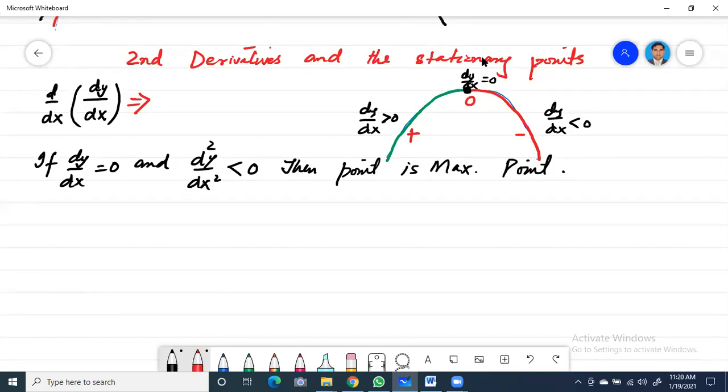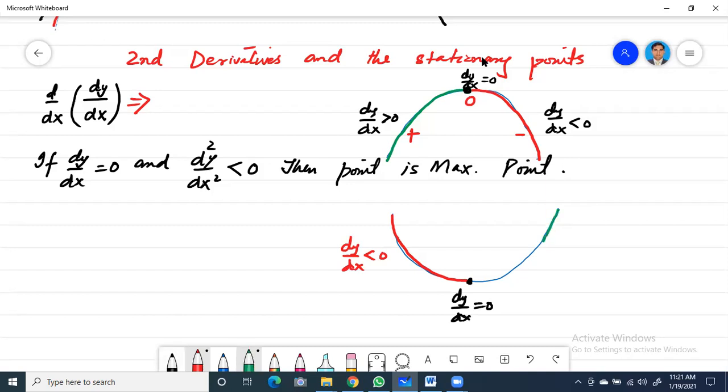Now for the minimum point, how we will check? This is the curve. At this curve, before the turning point, up to here, dy divided by dx is negative, less than 0. At the turning point, dy divided by dx equal to 0.